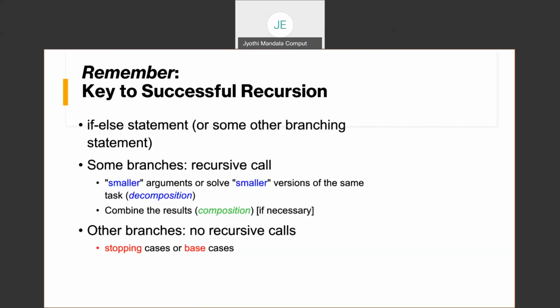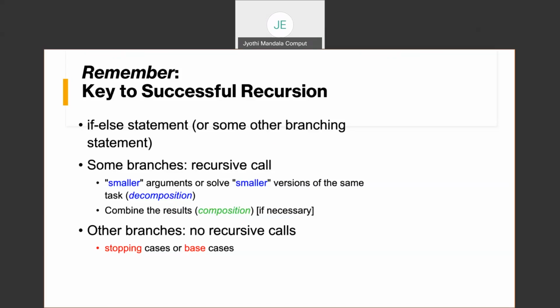Whenever you want to write any recursive function in your program, you need to remember 3 things. Always use some branching statement, like the if else we have used in our program. Always try to divide into smaller versions, like what we have done: n factorial divided into n minus 1 factorial.